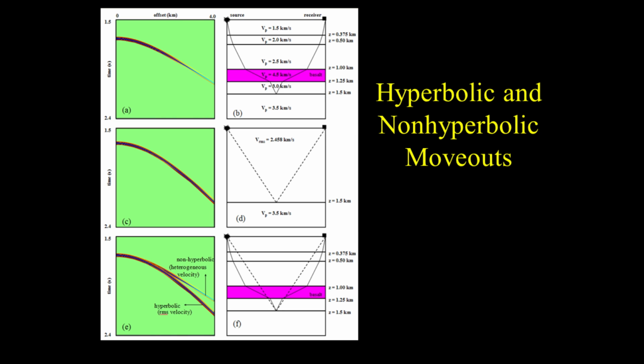We can see a significant deviation from the non-hyperbolic curve related to the 1D model with respect to the hyperbolic curve related to RMS velocity. Notice that these deviations from the hyperbolic travel time behavior generally increase with increasing velocity heterogeneity, and they are closely linked to the degree of ray bending. The presence of a high-velocity basalt layer in this model is the reason for the deviations from the hyperbolic travel times.